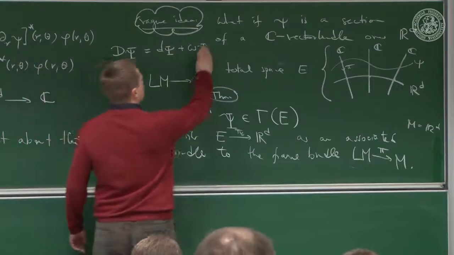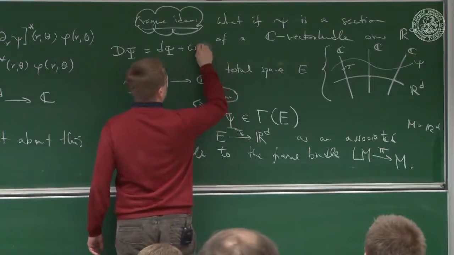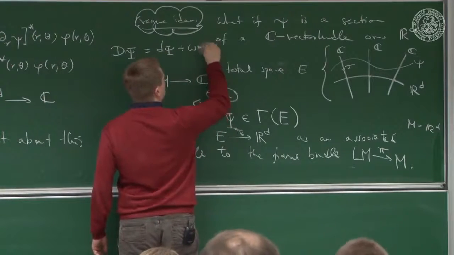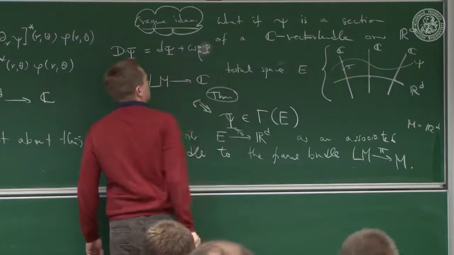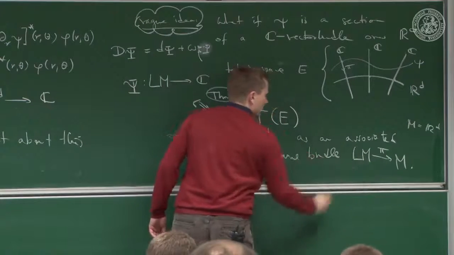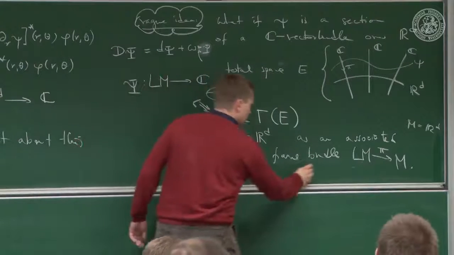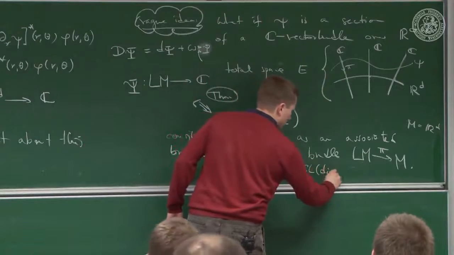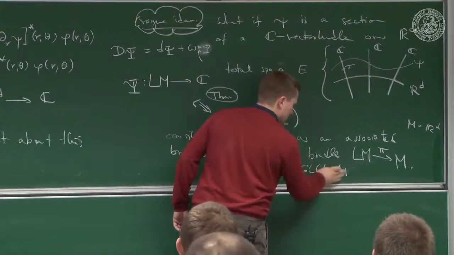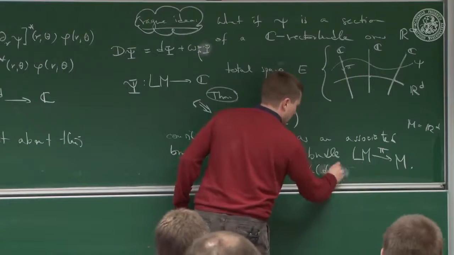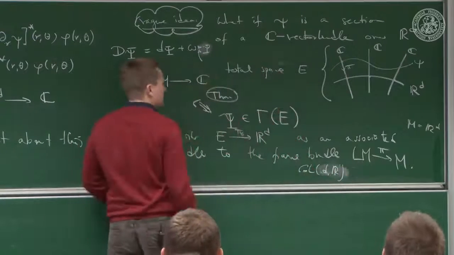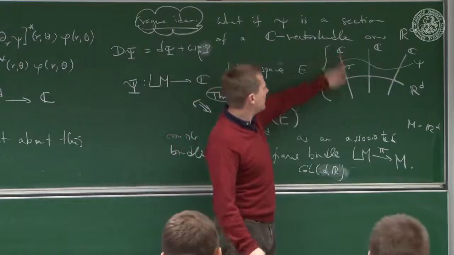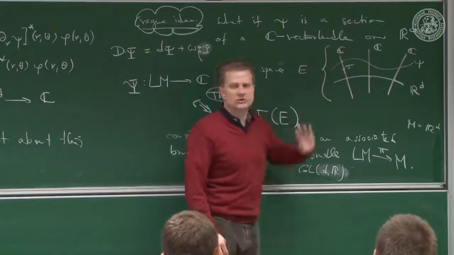And you know that in this wedge, the omega actually acts from the left on the psi, and this is the left action of the GL(dim M) group, so in this case the GL(D, R) group, that I need to establish on these fibers in order to make this an associated bundle.